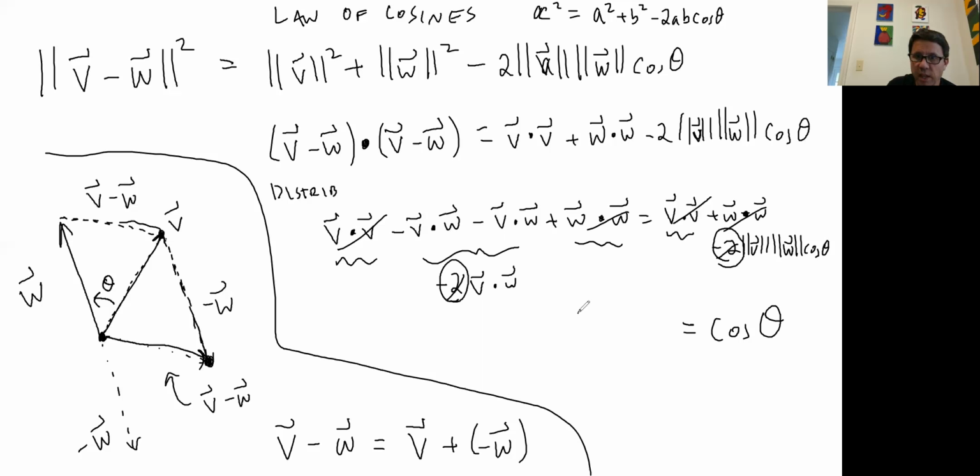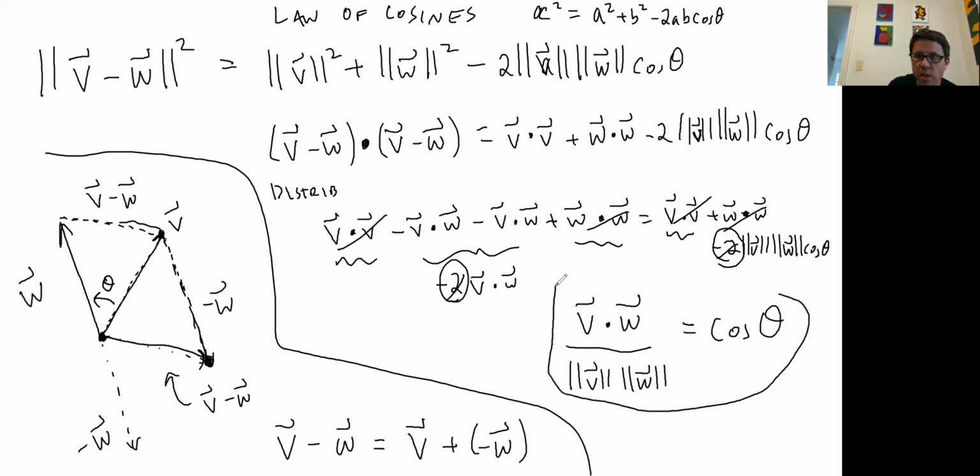So the only thing that's left is this, V dot W on the top and 2 other numbers on the bottom that tie together. And so this is the next property of dot products: it's not only related to lengths, it's related to actually the cosine of the angle between. So that's another use of that property.